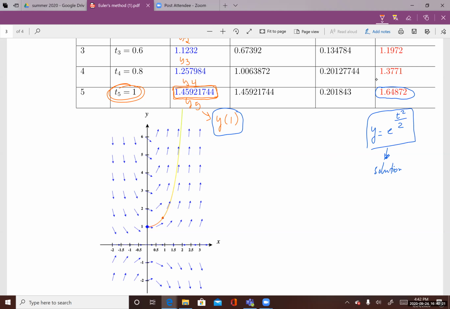This is where we want to estimate it. Then we use Euler's method, which just goes slowly up and up and up and so on and so forth. The estimation value is not the same as the real value, but it's very, very close. So this is the real value, and this is the estimated value.